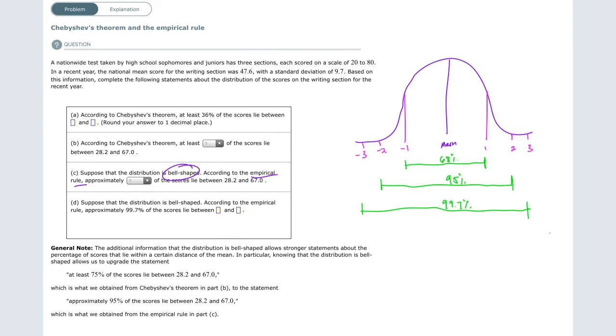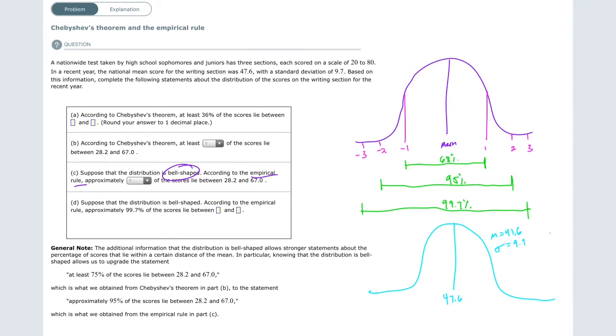So on the problems that they give us here, if we look at this exact curve, the mean is 47.6 and the standard deviation is 9.7.